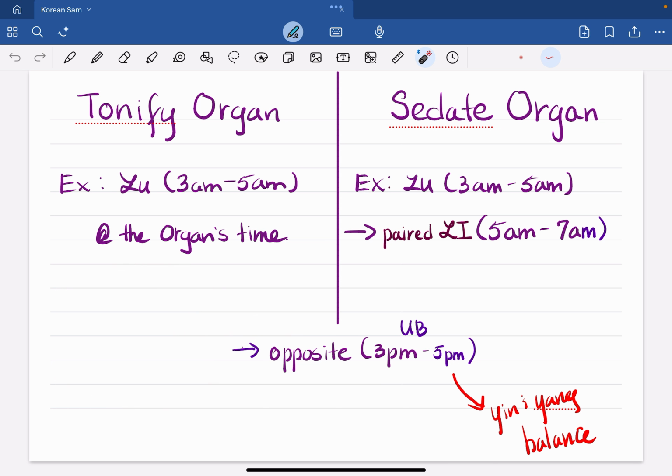And it's in 2-hour increments. So you should know this cycle. I'm not going to write it out here, but it's 2-hour increments, and it goes in the order of the channels. And it ends right at the lungs. So the last one is usually going to be liver from 1 to 3.